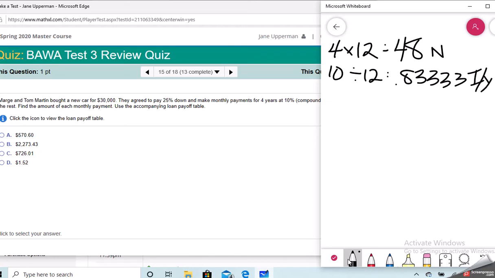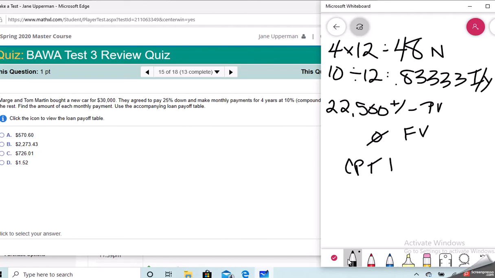The amount that they borrow, so they bought the car for $30,000, they're putting 25% down, so you could subtract 25%, or you could multiply the 30,000 times 75%, but $22,500 is the amount that they're financing, so that becomes our present value. Again, it's a loan, so the future value is 0, and then we compute the payment.